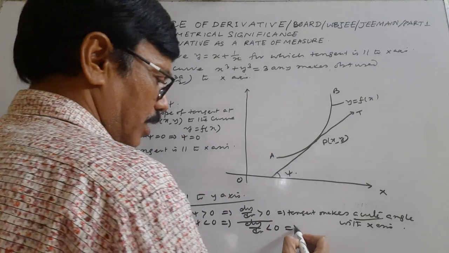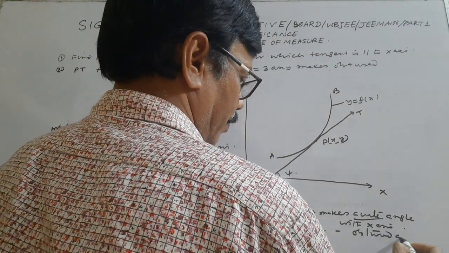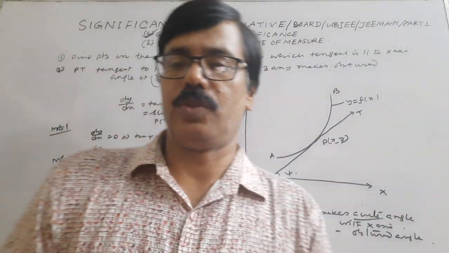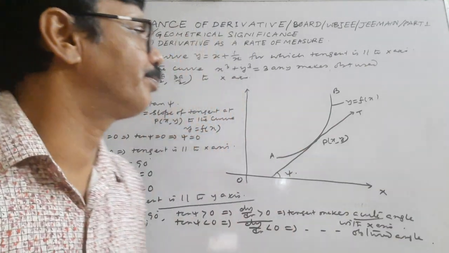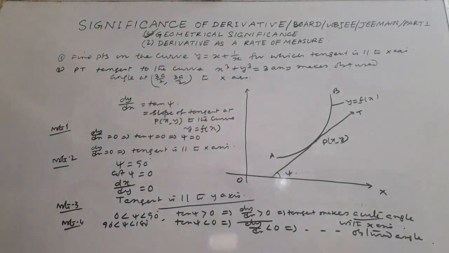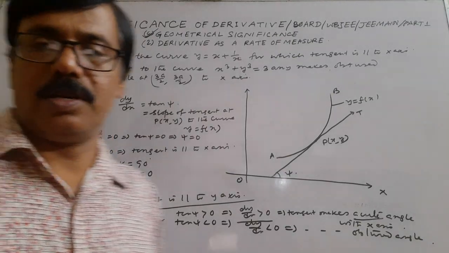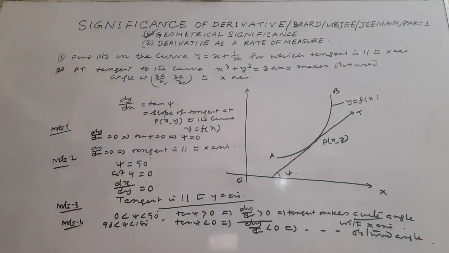So the tangent makes an obtuse angle with the x-axis. These are the relevant results. This topic is important for both JEE Main and WBJEE.